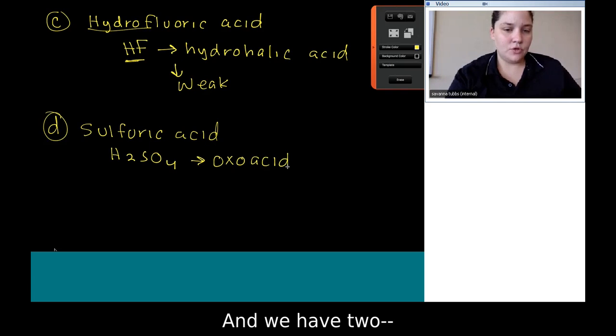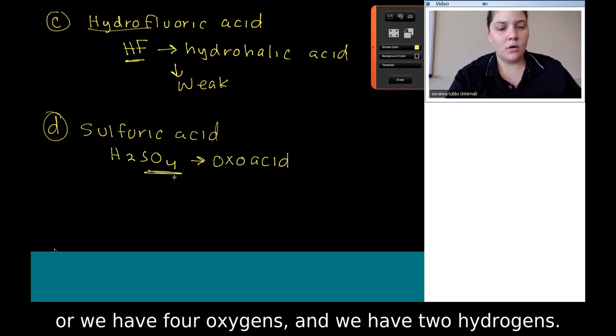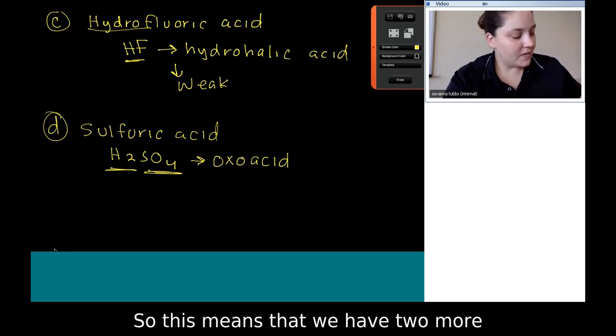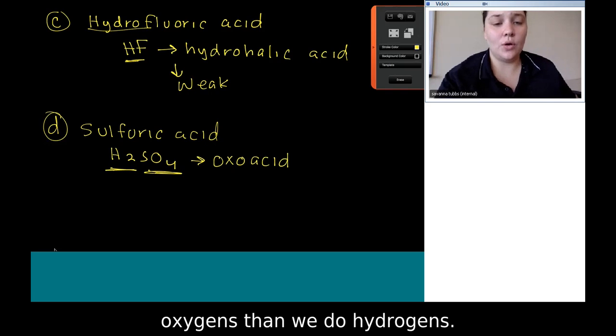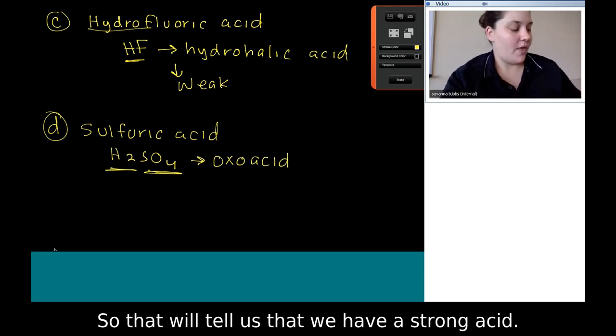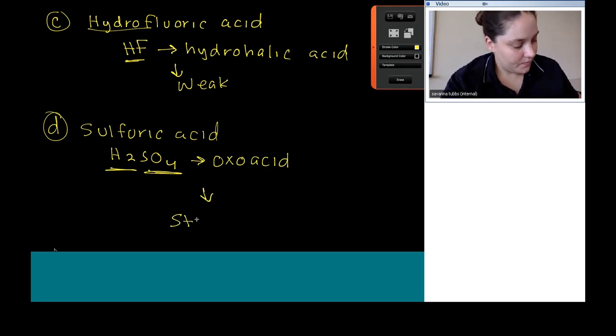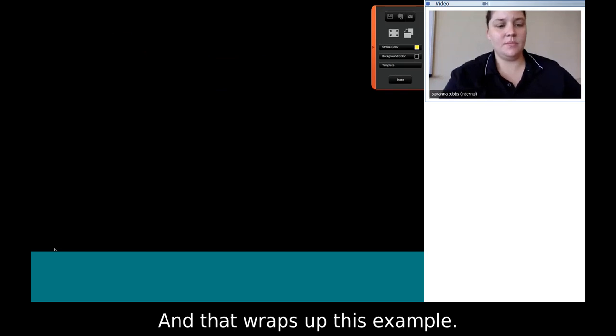We have 4 oxygens and we have 2 hydrogens. So this means that we have 2 more oxygens than we do hydrogens. That will tell us that we have a strong acid. And that wraps up this example.